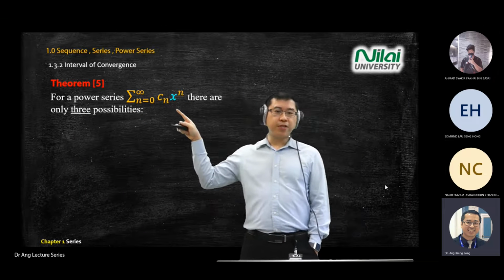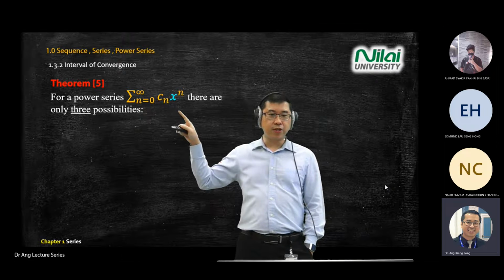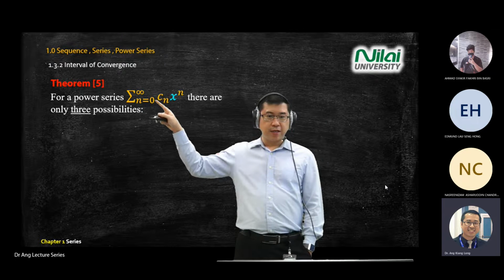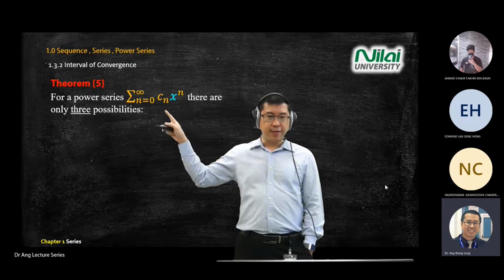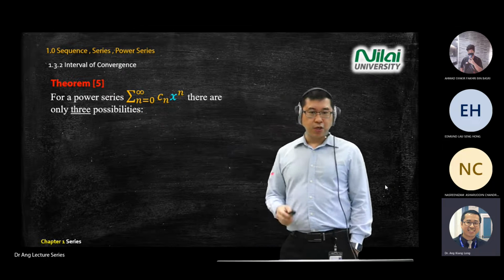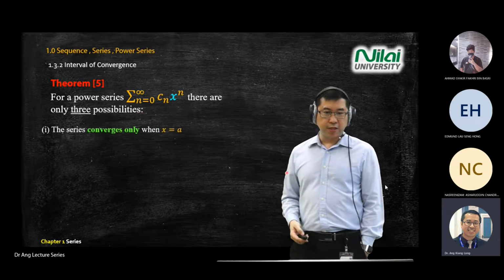If your power series, again, this is a general equation for power series, Cn x power n, means you are talking about power series. You have 3 possibilities.